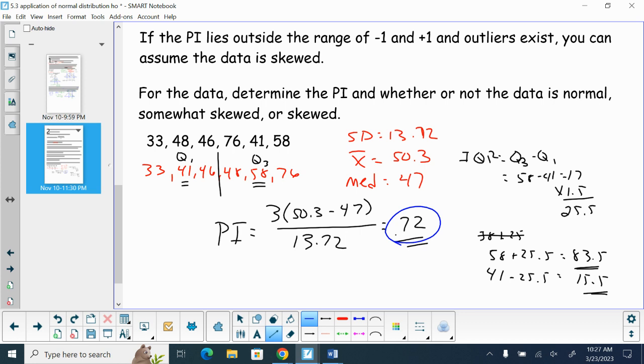Once again, the Pearson index is sort of a subjective value. As people talk about statistics and statisticians, they can make it look however they want to make it look. And that's why some people don't trust statistics sometimes.